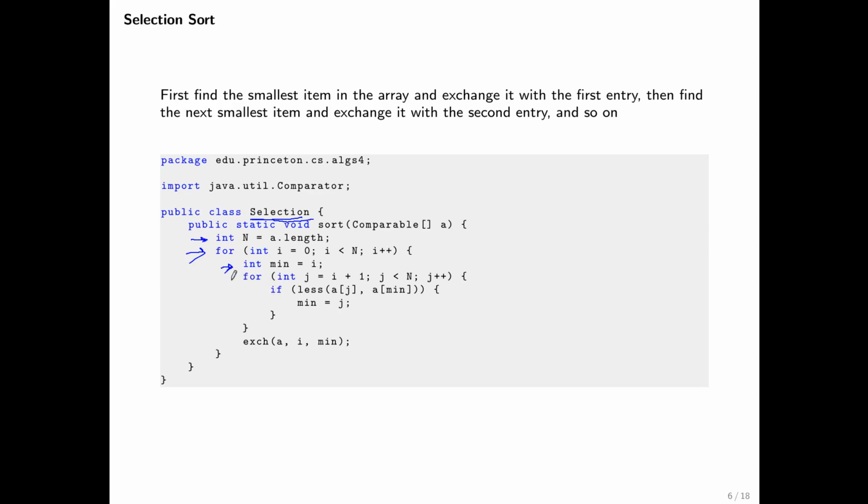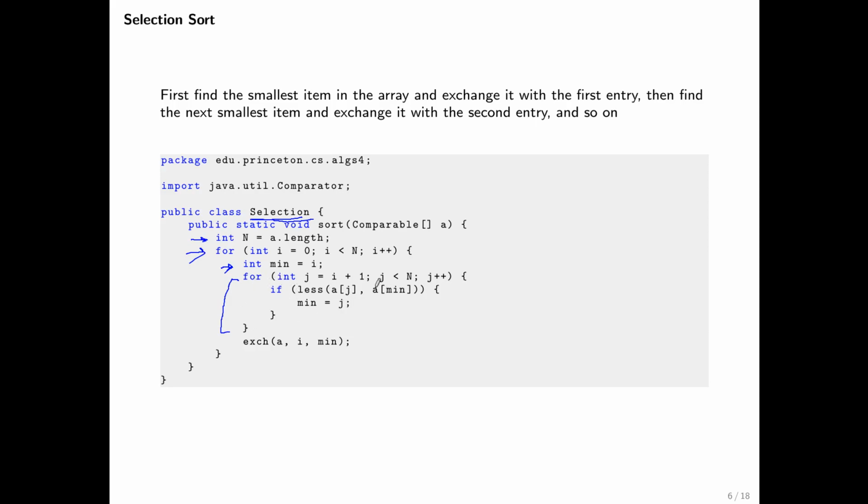And then in this loop, we start j at I plus 1 and go through the entire array. And we check if A at j is less than A at min. So if you find an element that is smaller than the current minimum, we make that element be the new minimum. So if A at j is smaller than A at min, the new value for min, the index of the smallest, is j. Okay, and you keep going.